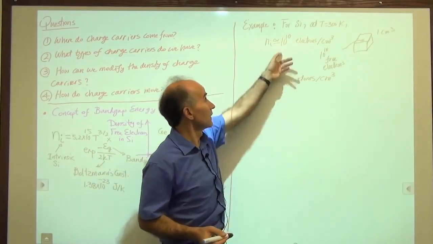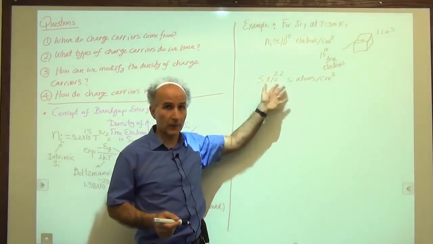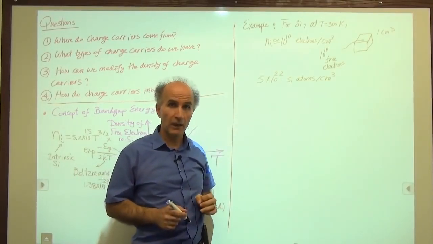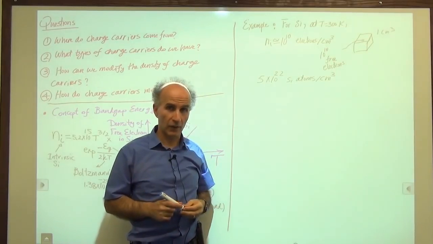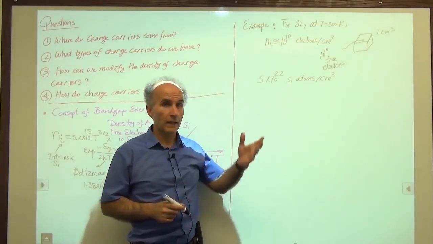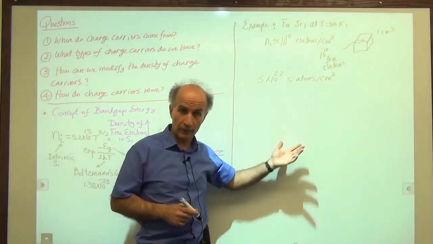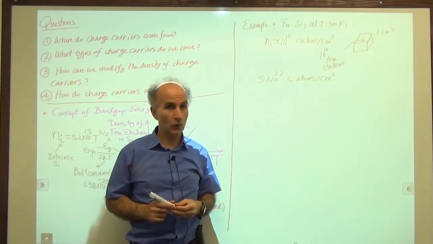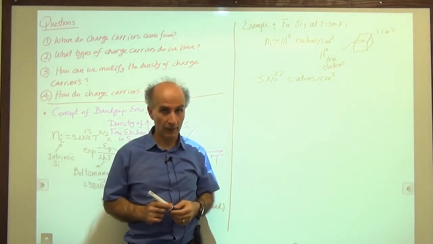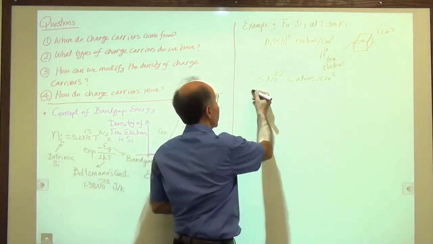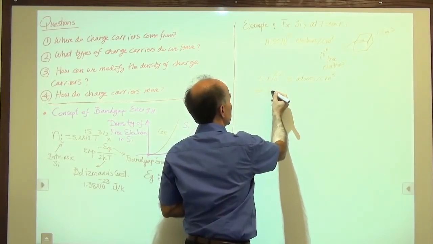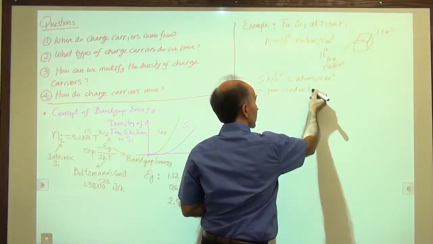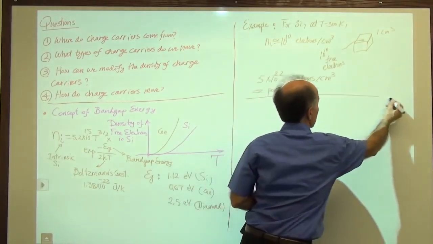The ratio of these two is 5 times 10 to the 12. It's a huge number. So a very, very, very small fraction of the atoms have released an electron. So a piece of silicon, as I have described it so far, is a relatively poor conductor because we don't have that many electrons available. All right, so we'll say poor conductor. It's still better than diamond because it does conduct, but not as much as we would like.